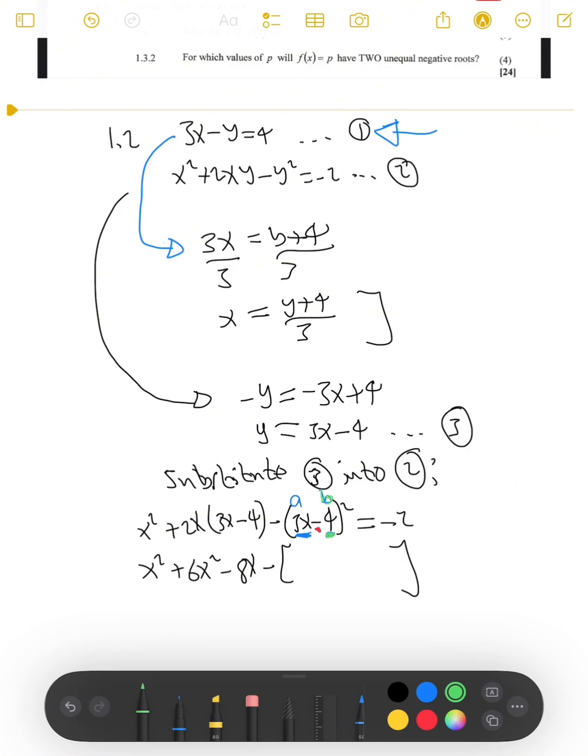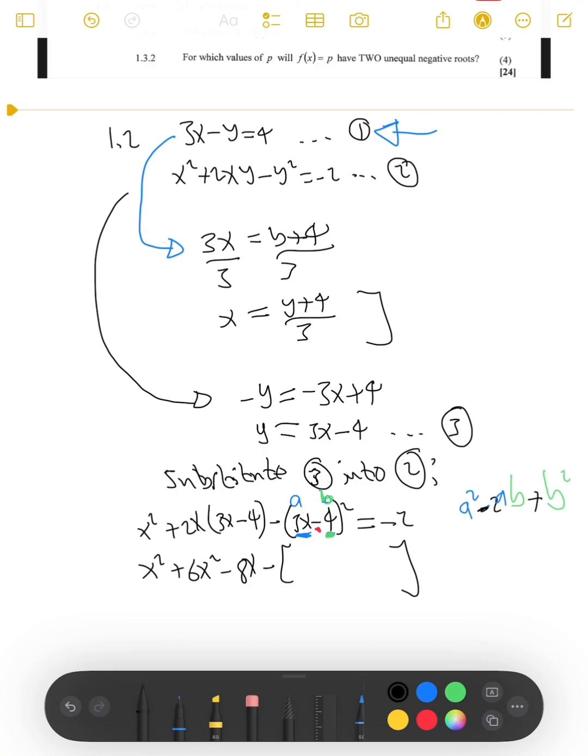Let's use green for b. So from previous grades, you know that upon multiplying out, we end up with a squared minus 2ab, and then plus b squared.